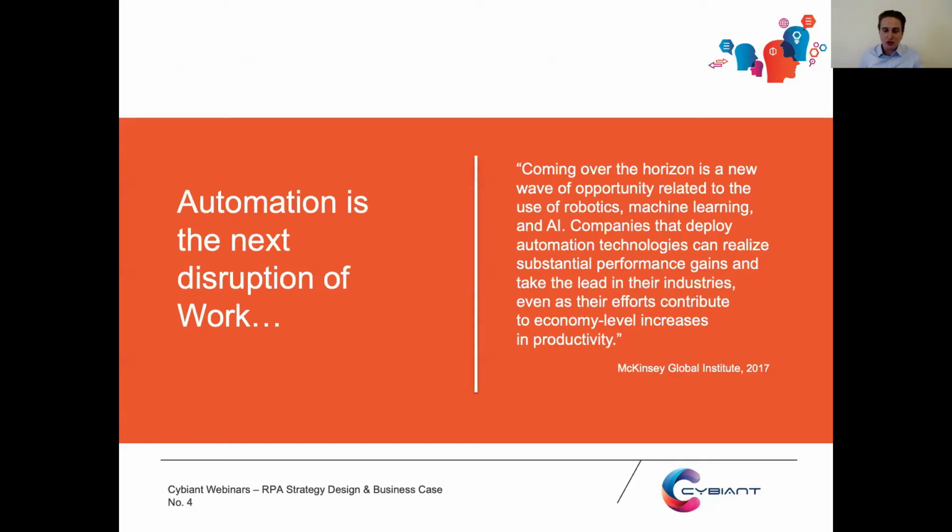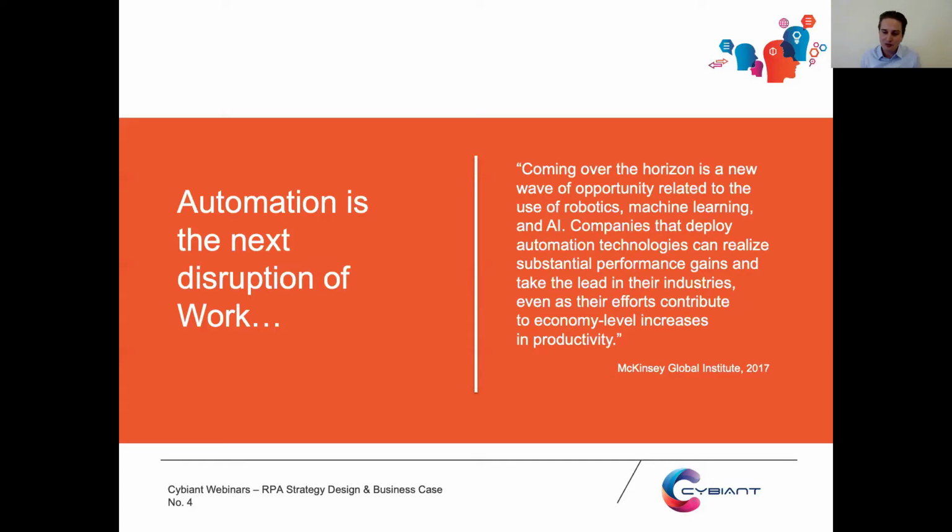Good. The topic of automation. It is something that especially in today's day and age, you cannot really go around anymore. Many organizations say that automation is the next disruption of work. And especially what we've seen in the last couple of months with this global pandemic is that organizations that had more automated processes in place were able to do better compared to organizations who didn't.